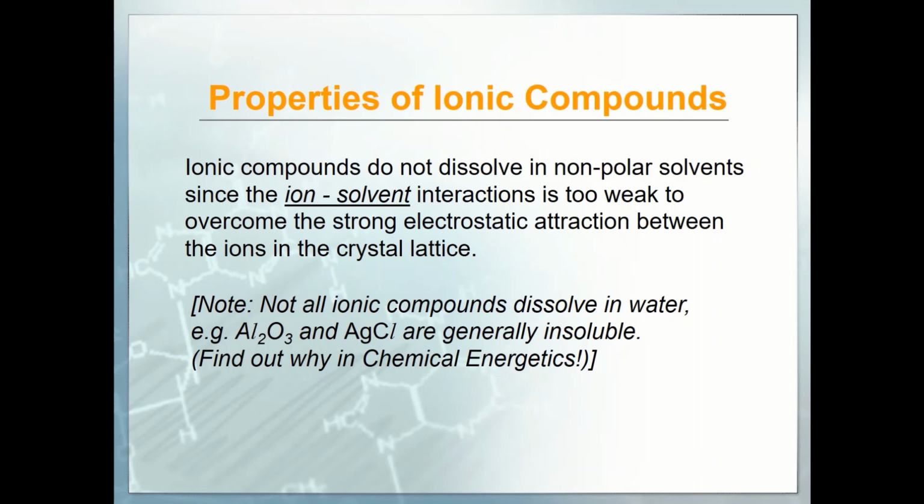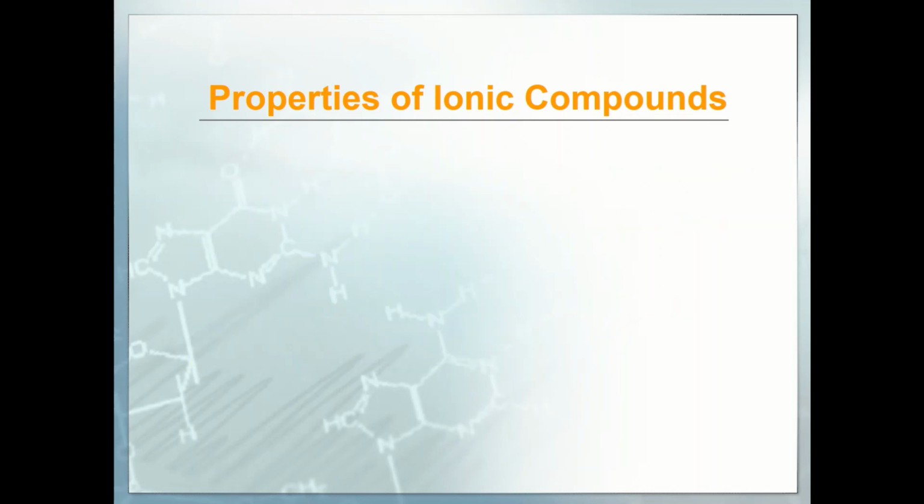Like what I've mentioned, not all ionic compounds are soluble in water. Your aluminum oxide and silver chloride are generally insoluble, although they are ionic. The reason is that the energy released when forming the ion dipole interaction is not enough to overcome the energy needed to break down the ionic lattice.